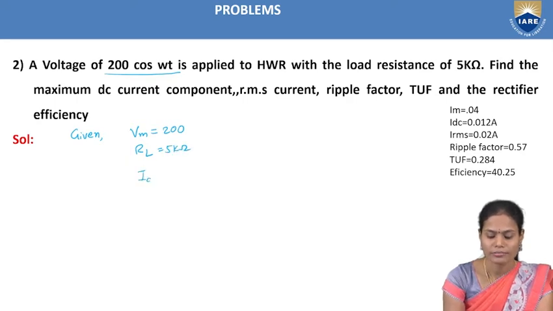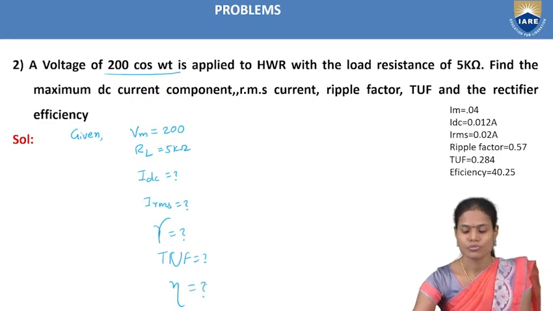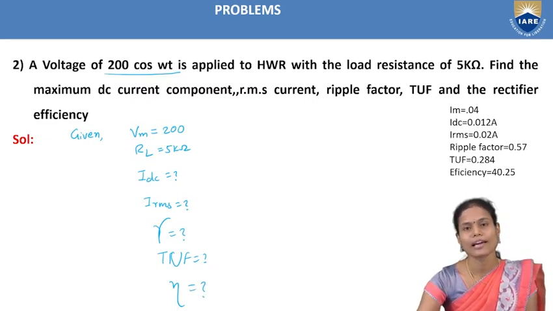We need to find the DC current as well as RMS current, ripple factor, transformer utilization factor, as well as efficiency. The first parameter we need to calculate is the maximum current. Why? Because to calculate the average current as well as RMS current, we require the maximum value of the current.